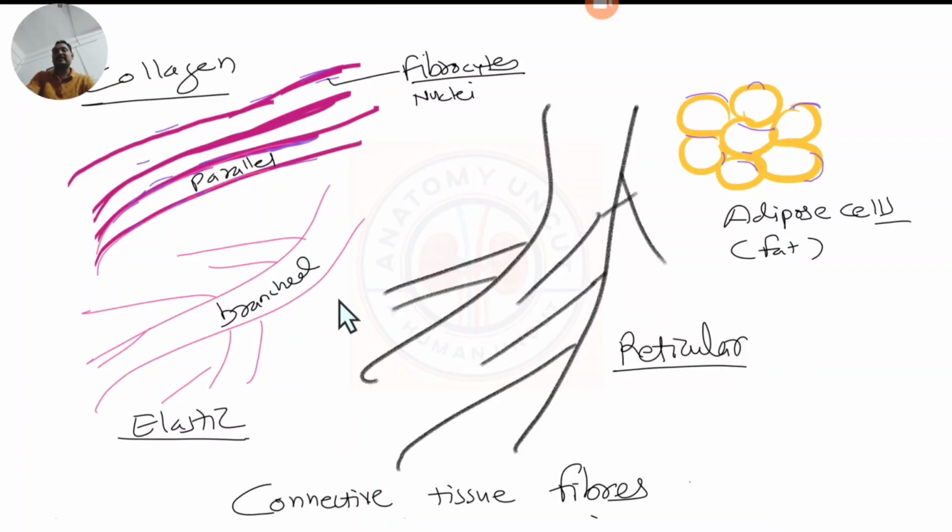And you have to know how the collagen, the elastic, the reticular fibers and the associated ground matrix and the different types of cells make your connective tissue. The nature, whether they are dense, whether they are loose, whether they are in bundles, whether they are branching, makes a special topic of connective tissue in general anatomy as well as histology.